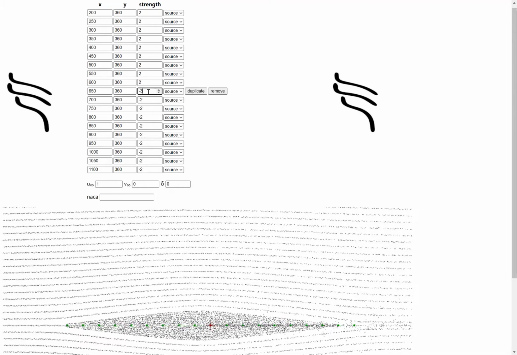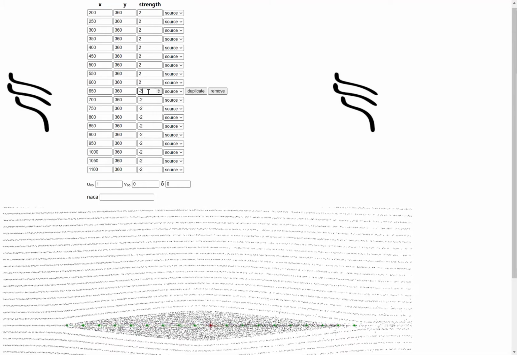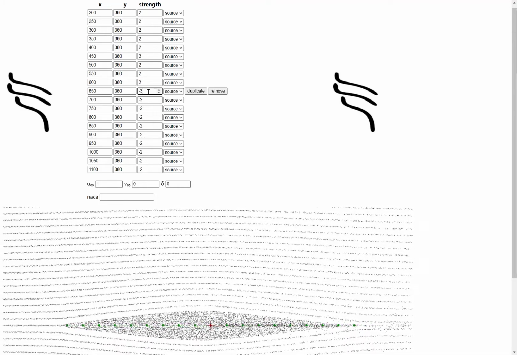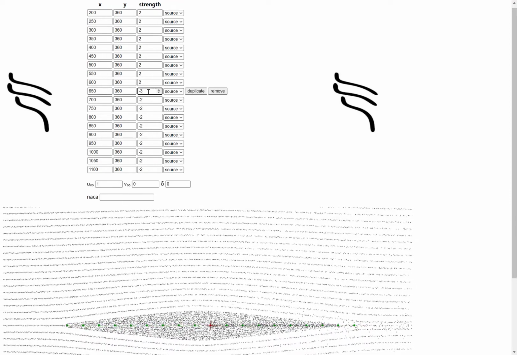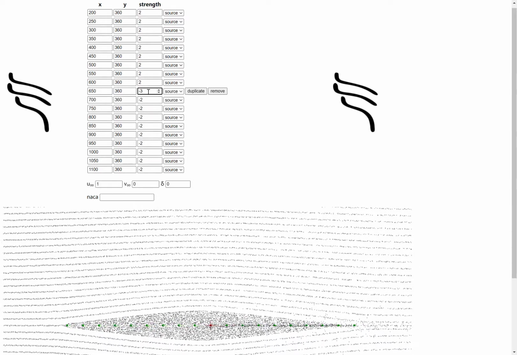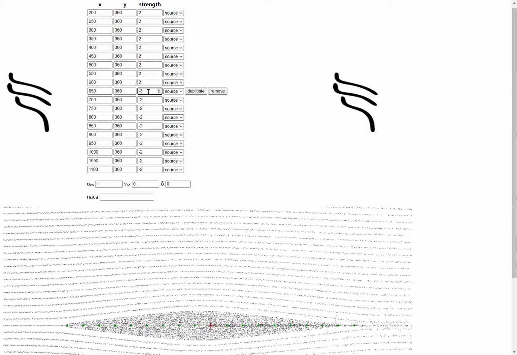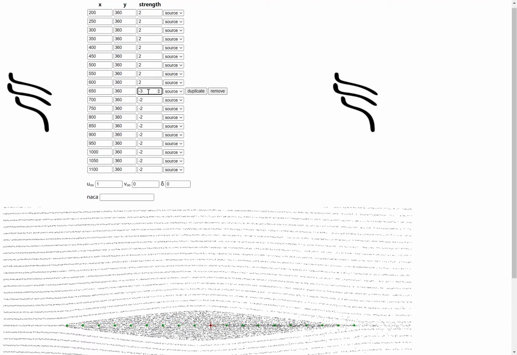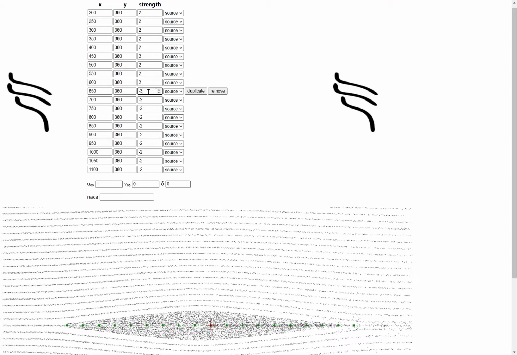Okay, any improvements to the idea of how we make it a hexagon? Yes? You could take the middle one that I think was initially 0 and set, on each side, a couple of sources and sinks to 0 strength.